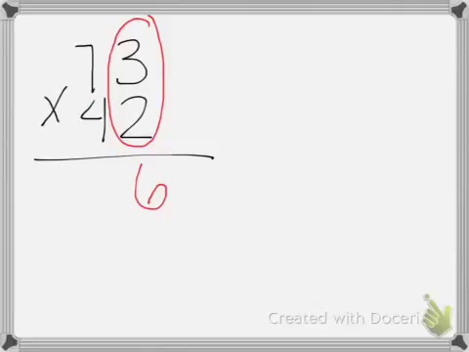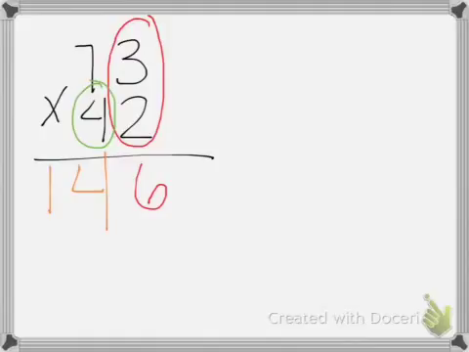Now I must multiply my tens. 2 times 7 is 14, or 14 tens. I'm going to bring that right down. Step 2. You must remember what the value is. So if I circle this 4, we're remembering the value. That value is 40.